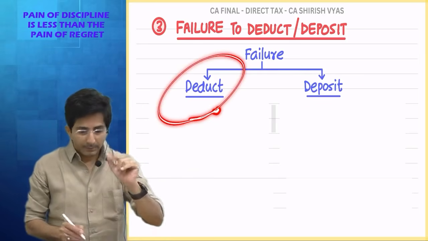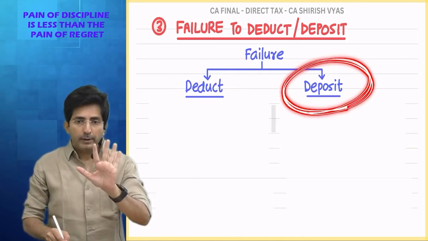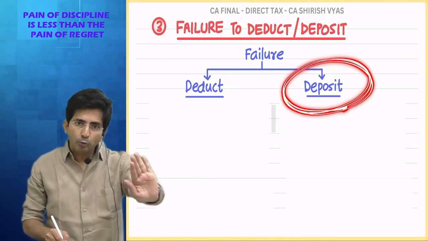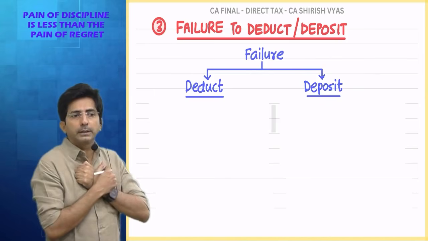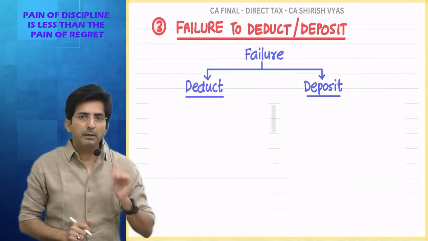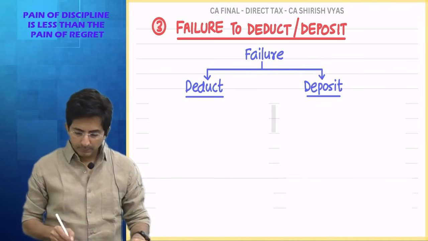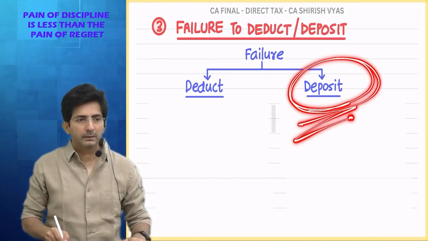This is one. The other case is what? This guy, out of 100 winnings, gave 70 to the winner. The 30 he has kept in his pocket, he is not depositing. So tell me, who is a big criminal? This guy is a big criminal. He has done worse.